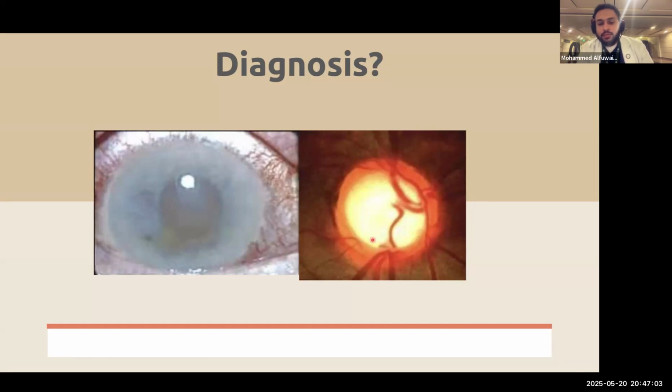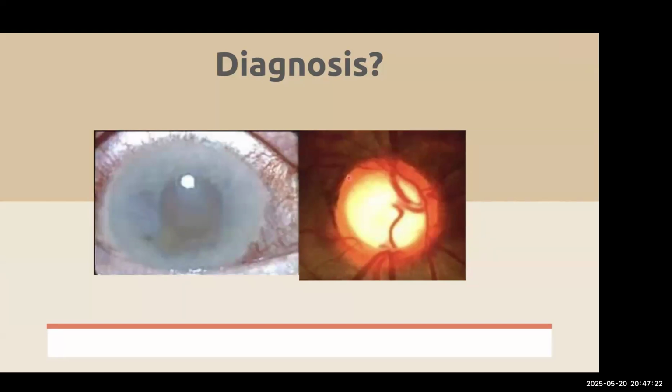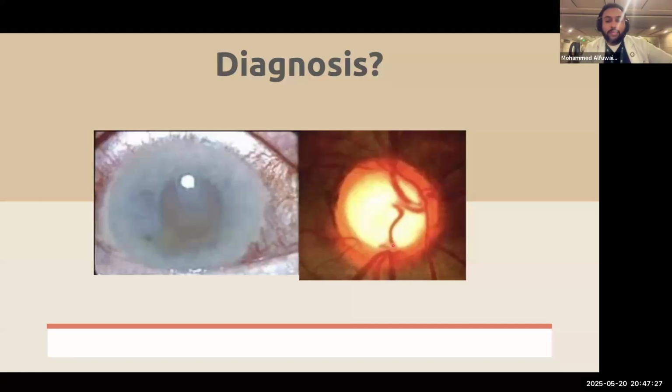So now, what can you see over here? What is this disease? Is this a herniated disc? No, this is the optic disc, and this is the cup. Is the ratio smaller now between them? Yes, so this is a feature of glaucoma.